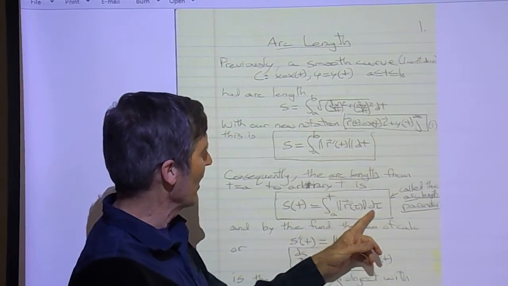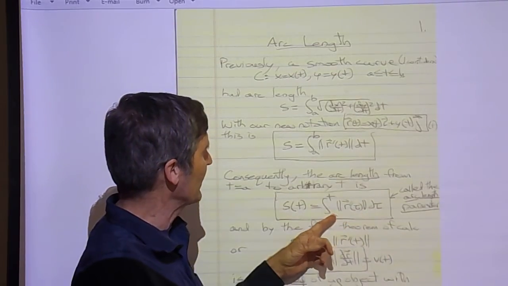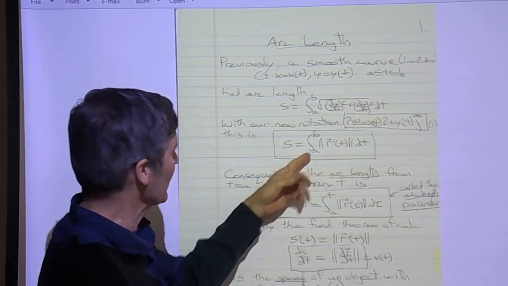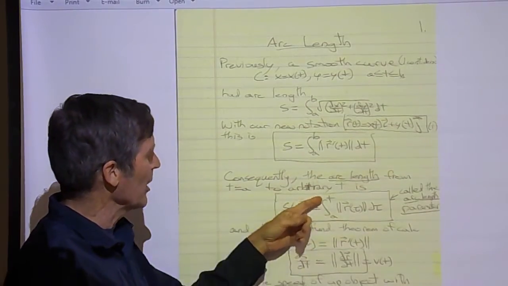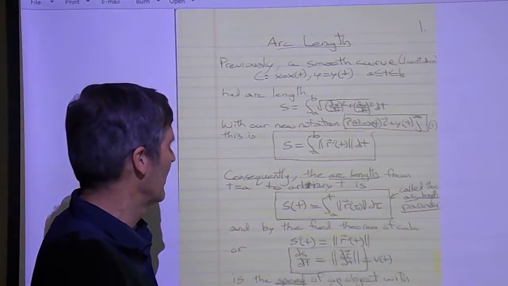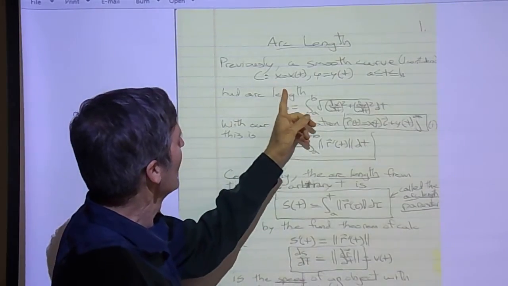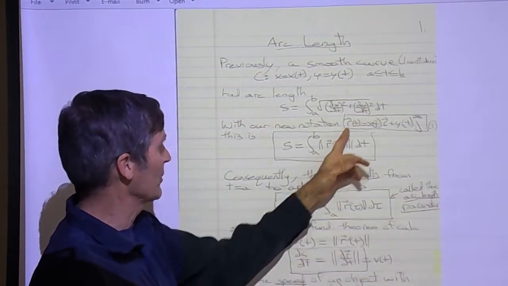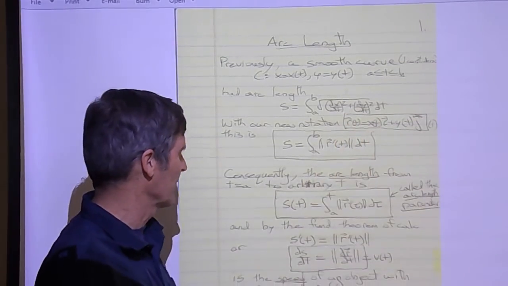So we'll evaluate using tau instead of t, and then plug in t and plug in a and take the difference. So it's this integral from a to an arbitrary point t. It's the arc length along the curve swept out by these parametric equations, x equals x of t, y equals y of t, put in this form just for different notation.